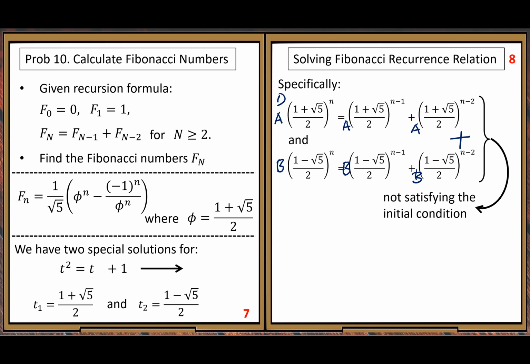A times that big parenthesis to the nth, plus B times that big parenthesis to the nth, equals a right-hand side with a similar structure. Does that format follow exactly our original recurrence relation? Can you see that?